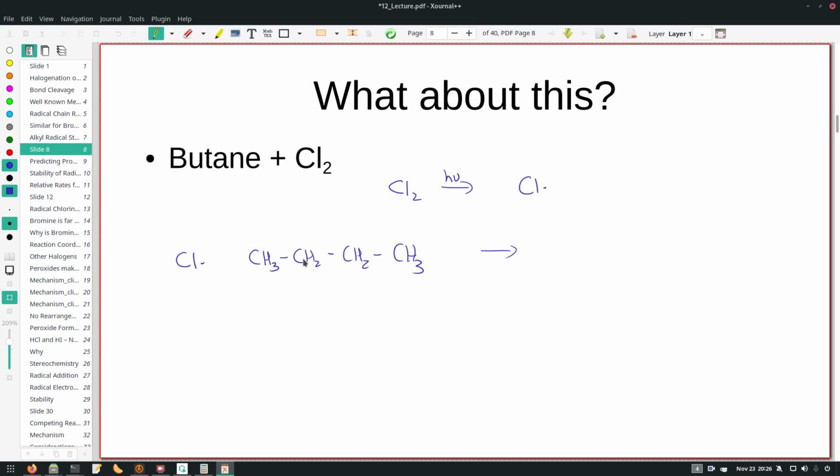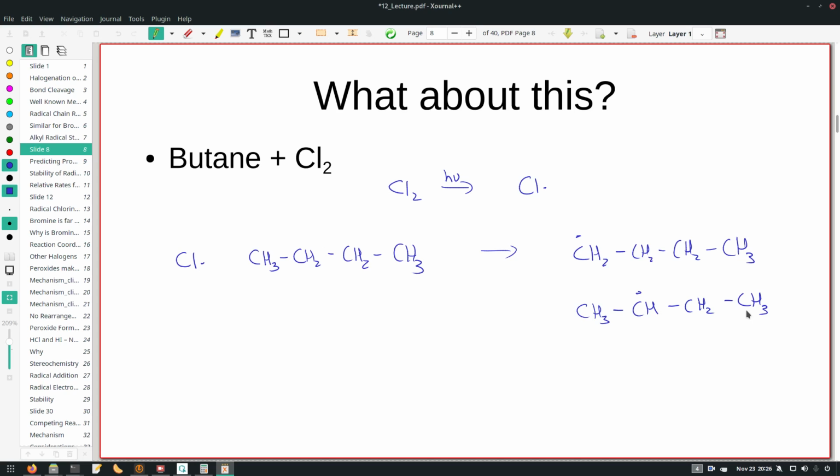Alright, but this one's a tiny bit different. So you see how I could make a radical off this end point and have this as a radical. Or my radical could be on that second one. Now the third and fourth are just repeats of these, so those are the only 2 radicals I would predict happening.